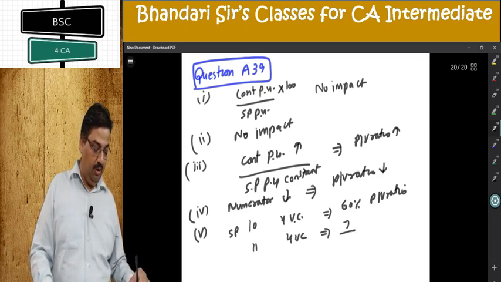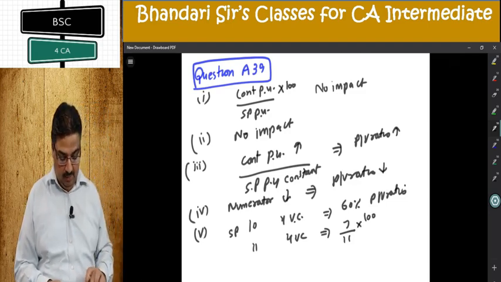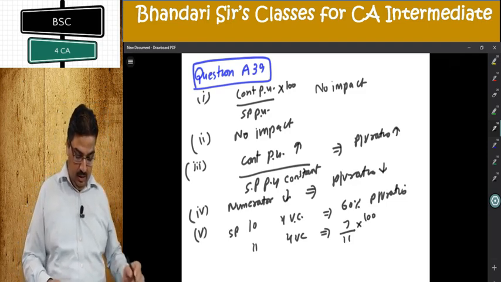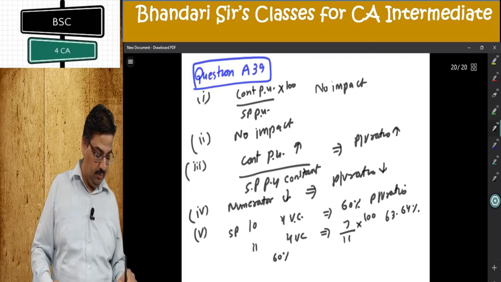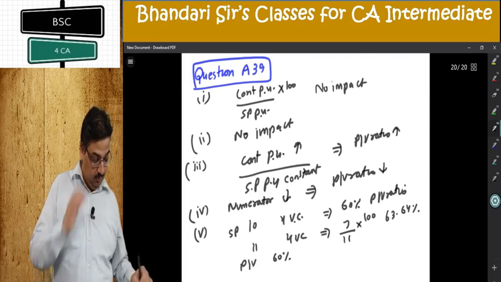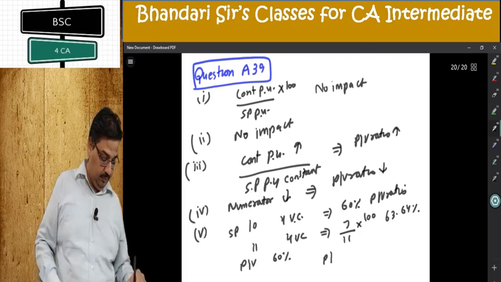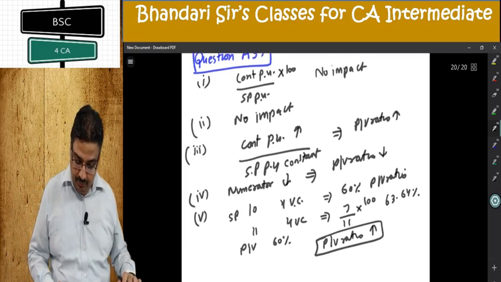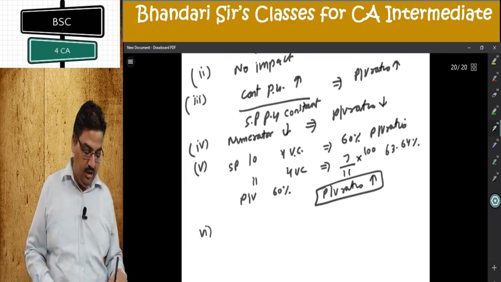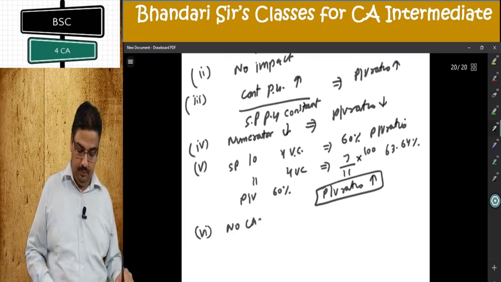This becomes 7 divided by 11 into 100, which is 63.64%. Earlier it was 60%, so it is increasing. Make an example whenever you are in doubt. Sixth part, change in fixed cost, no change.